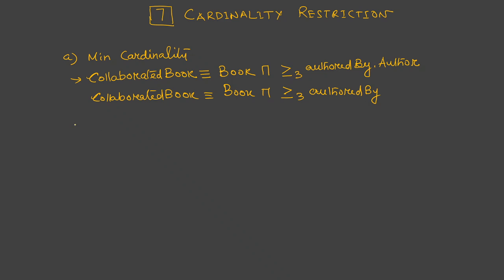So the second case that we'll be taking up is max cardinality. Here we'll take the definition of book with maximum 3 authors. So this is what we'll be defining.